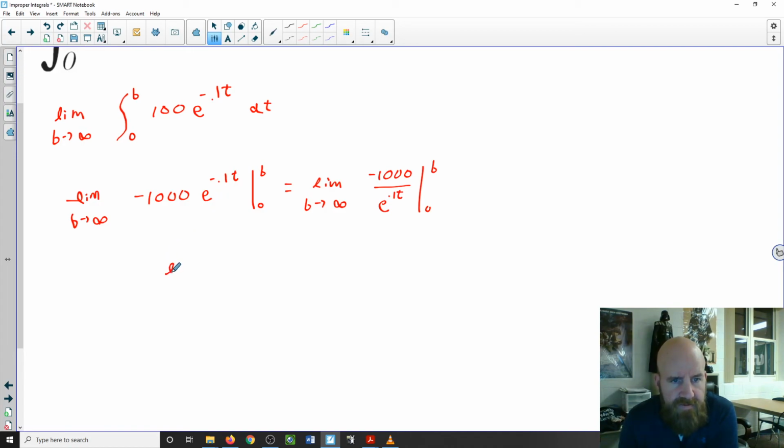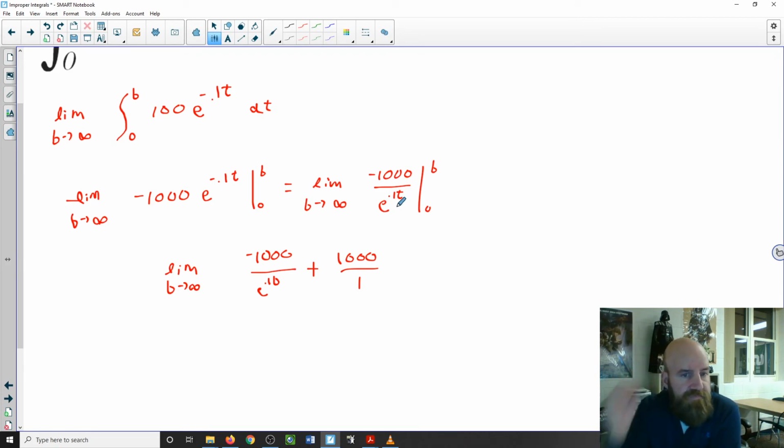So if we plug our values in, we have the limit as b approaches infinity. If we plug in b, we get -1000 over e to the 0.1b, minus -1000, so that's going to turn into addition, 1000 over e to the 0, which is just 1.